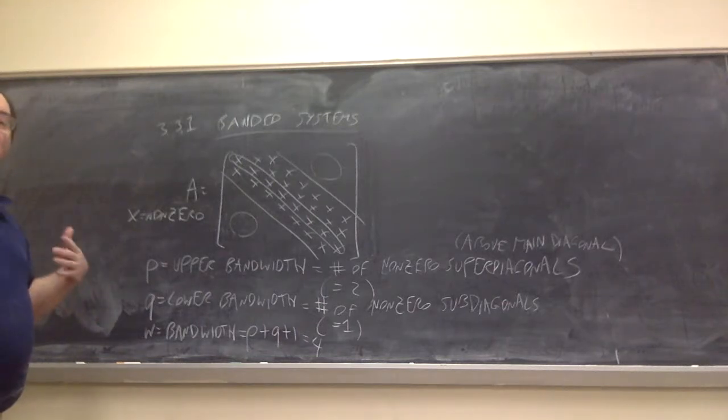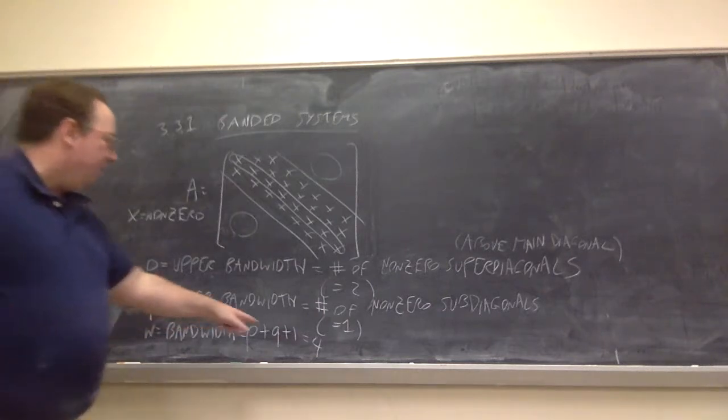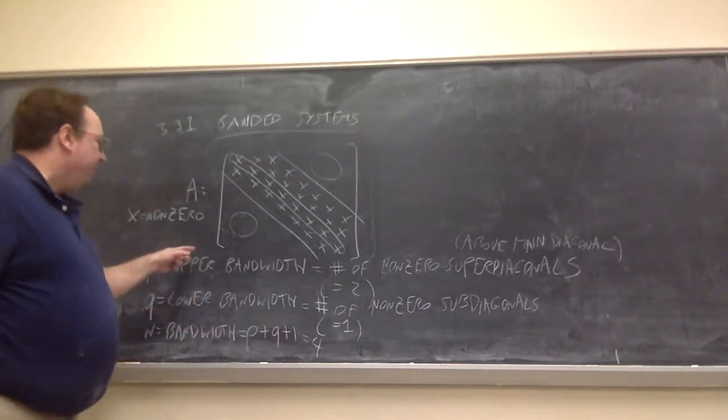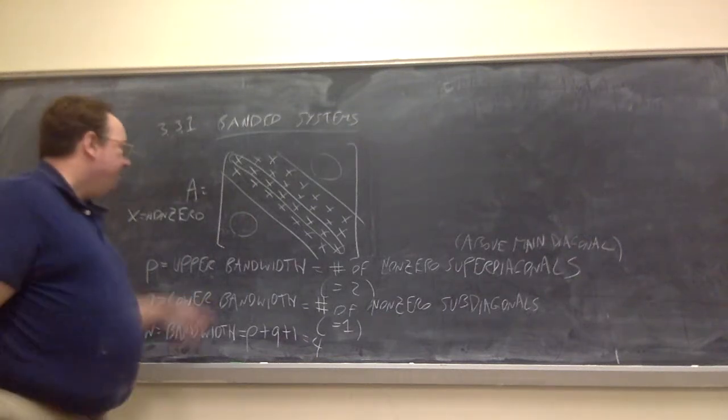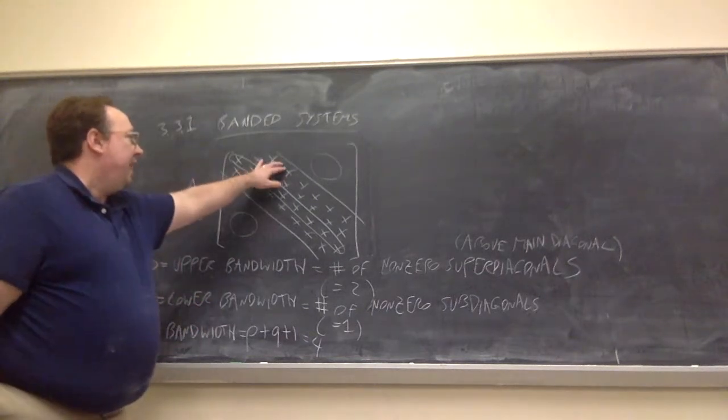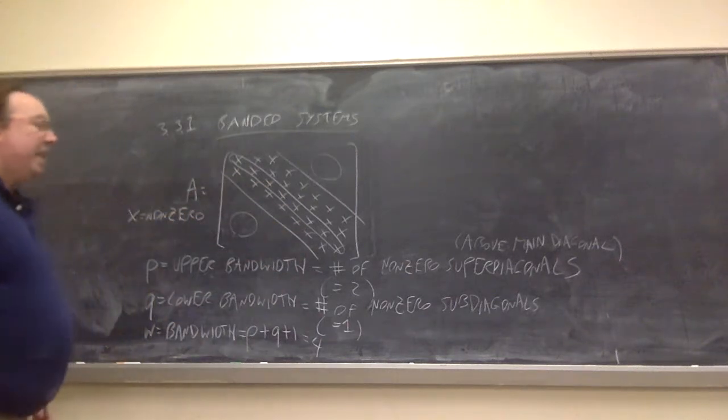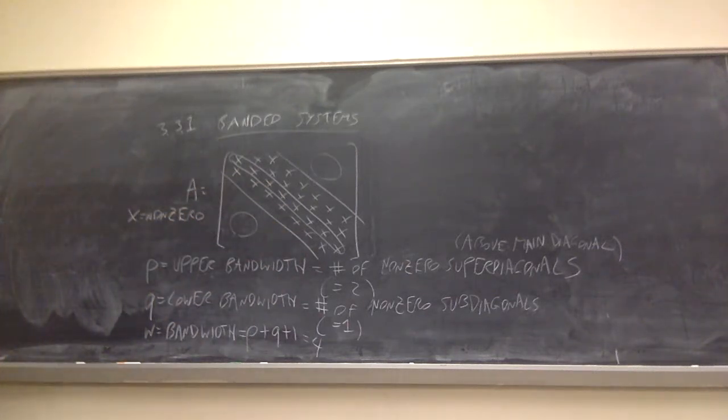W is the total number of non-zero diagonals. The plus 1 is because upper bandwidth and lower bandwidth do not include the main diagonal, but the total bandwidth does. So I have one subdiagonal, two superdiagonals, and one main diagonal, for a total of 4.